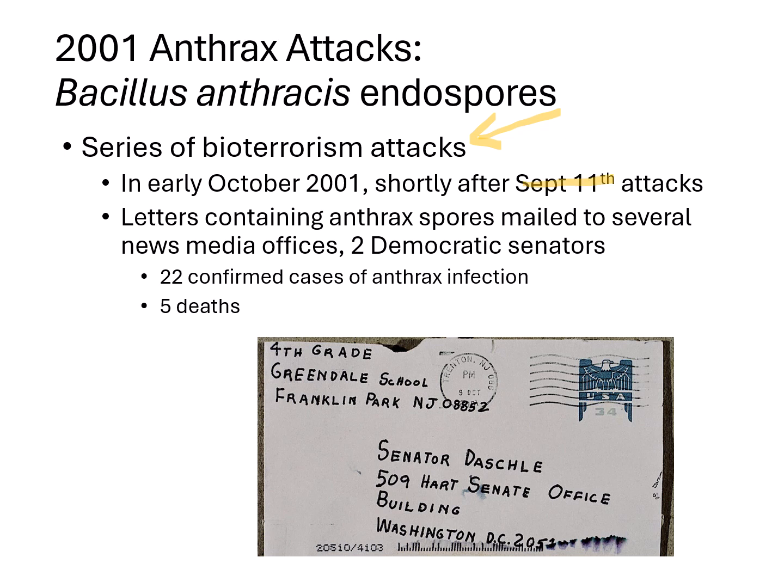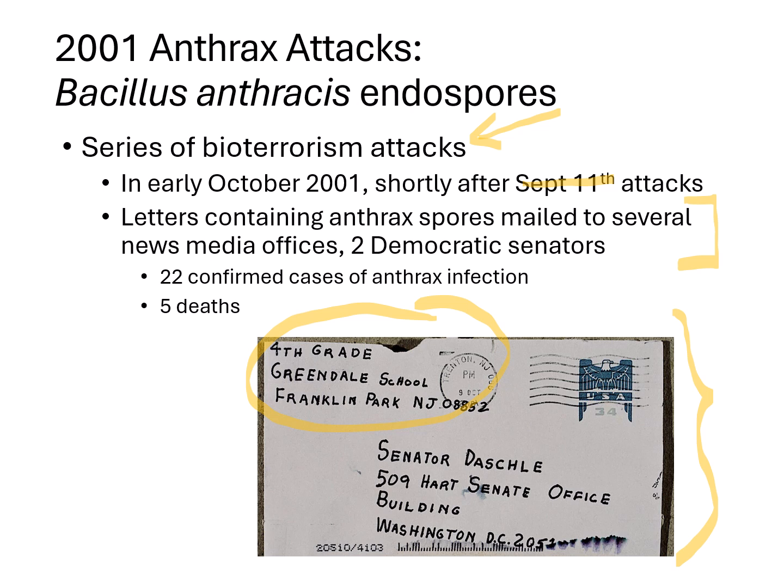So what happened were letters containing anthrax endospores were mailed to different news offices and Democratic senators, and they were disguised as if they were coming from a kid. Ultimately, it led to about 22 confirmed cases of anthrax infection, as well as 5 deaths. And they ultimately traced it to an individual, Bruce Ivins, a scientist at the government's biodefense labs in Maryland, that led these attacks.